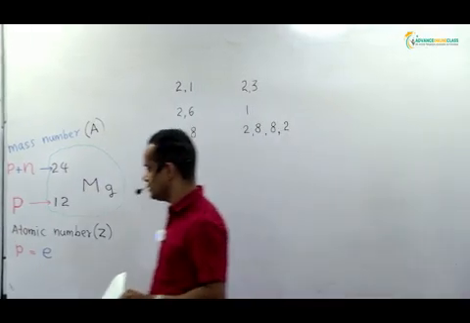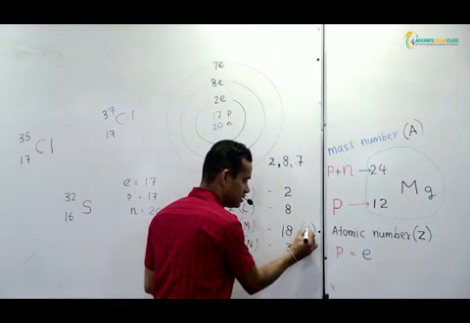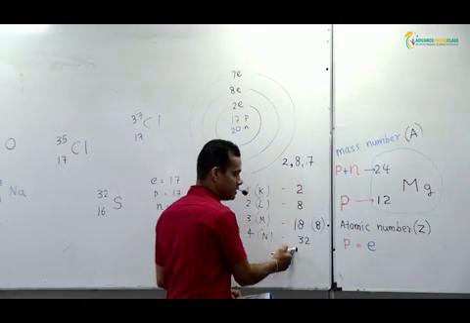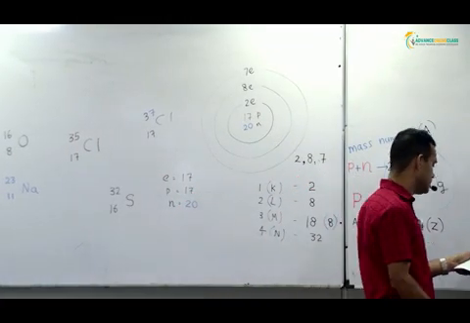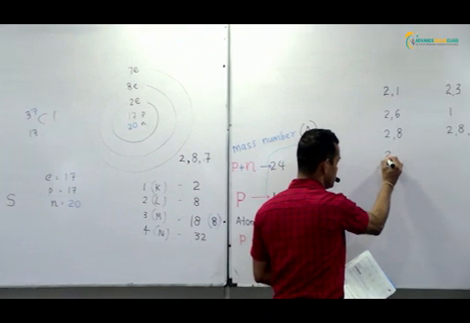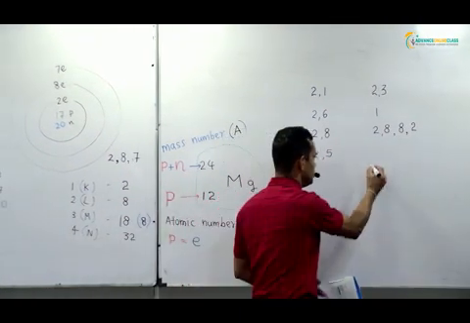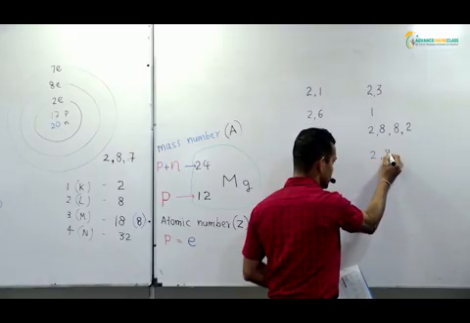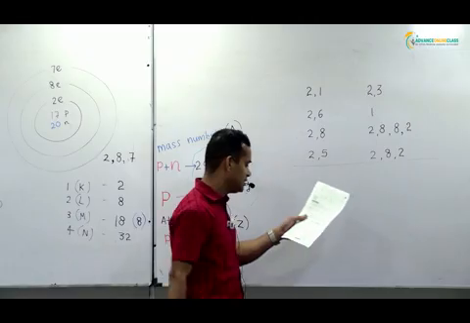That's why I wrote it here: even though the space is for 18, usually 8. These are maximum numbers, usually 8. Then nitrogen 7: 2, 5 makes it 7. Then magnesium 12: 2, 8, 2, which makes 12. Right. After this, it is a little doubtful.